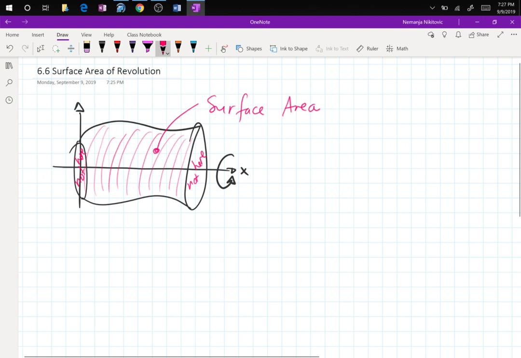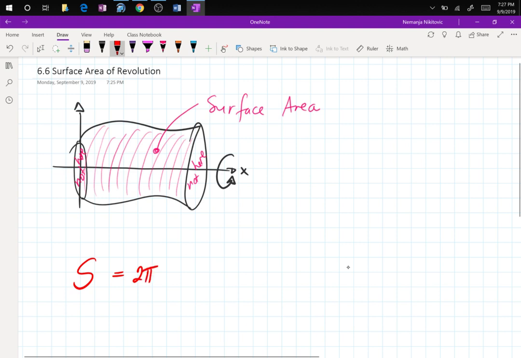What is the formula? The formula for this is going to be the length of curve formula times the rotation, right? So if I'm calculating the surface area over here, denoted with S, we can also call it A for area. So surface area is going to be 2 pi. Remember, we are rotating, right?